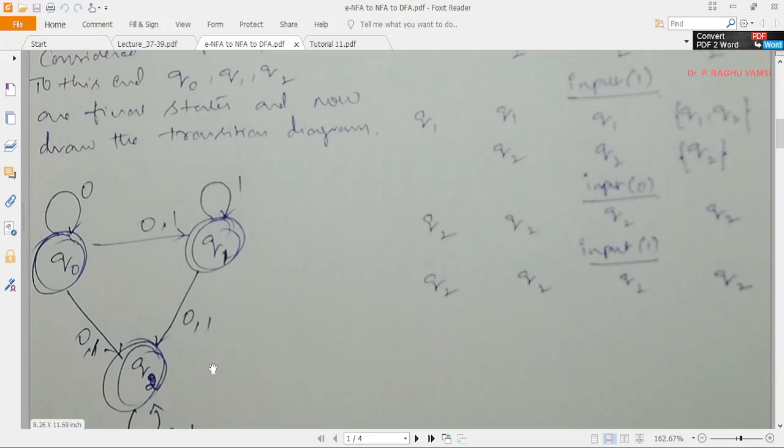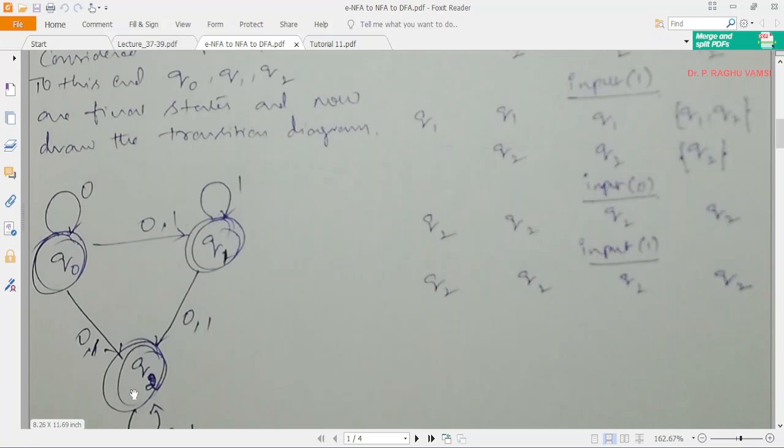So here the inputs are 0 and 1. We all know that for a given input, we may also move from one state to multiple states. That is, there are multiple possible states to result into for the given input, which is the property of NFA. Hence, this is acceptable. So Q0 on 0 is going to Q0 and also going to Q1 and also going to Q2.